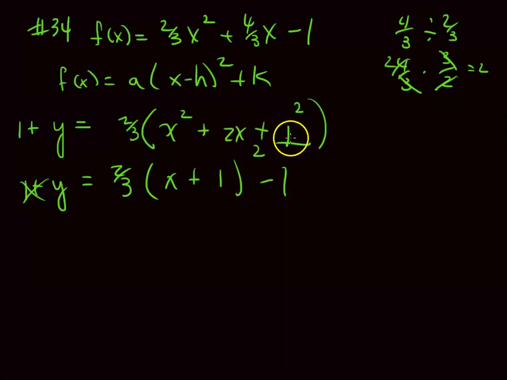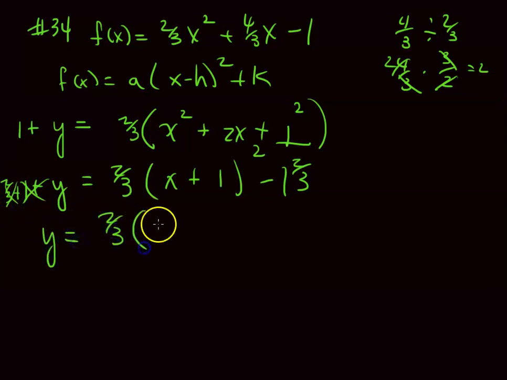If we add 1 inside, multiplied by 2/3, we have to add 2/3 to this side too. So it's not just 1, it's 1 and 2/3. So now we've got the a, 2/3, x minus a negative 1 squared minus 5/3.